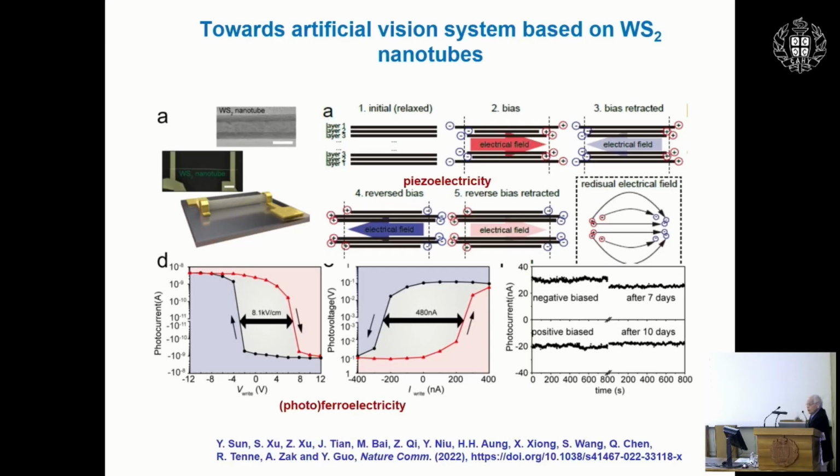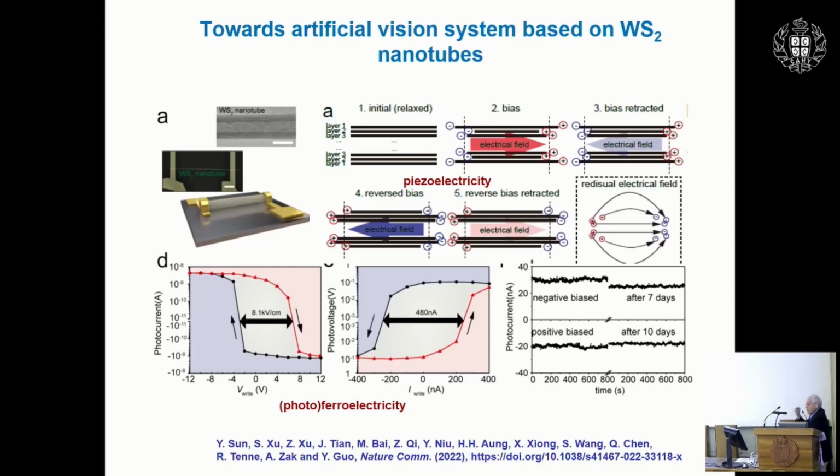So if you illuminate these nanotubes and you scan the voltage in a very small span, you get an asymmetric IV curve. Namely, in one direction you get this current, and in the other direction you get this current, due to the remnant dipole that exists in the nanotubes, which were first apply under high voltage.